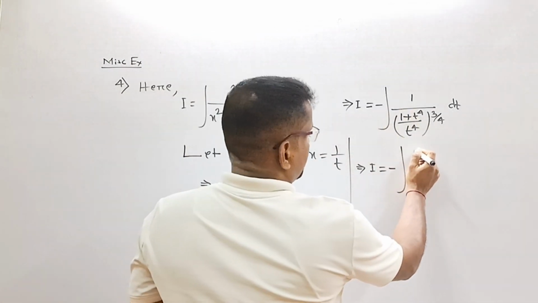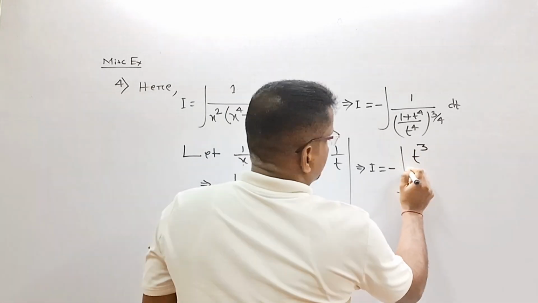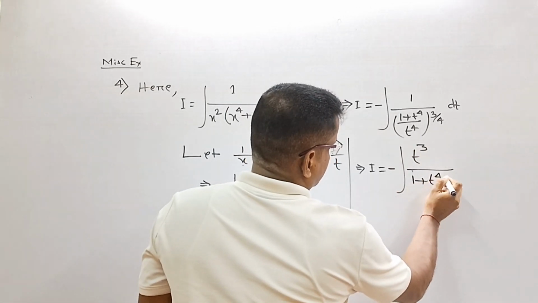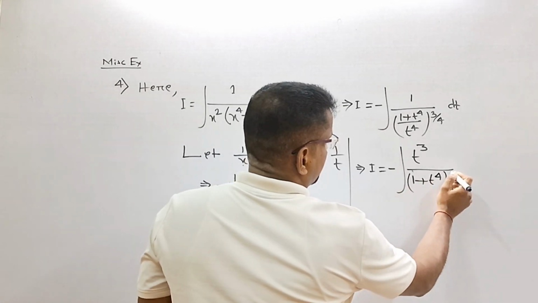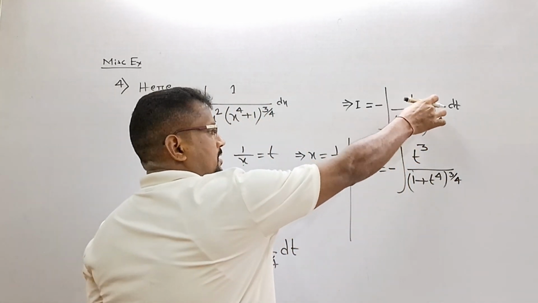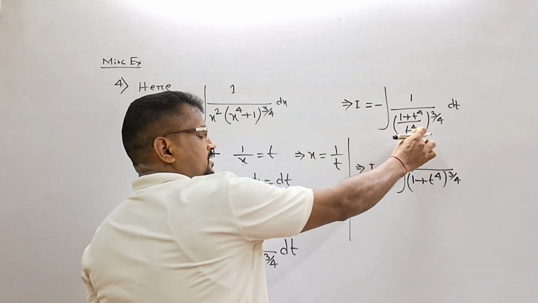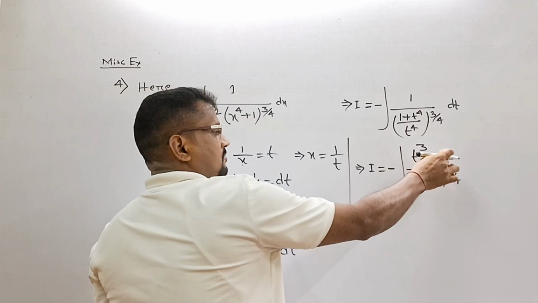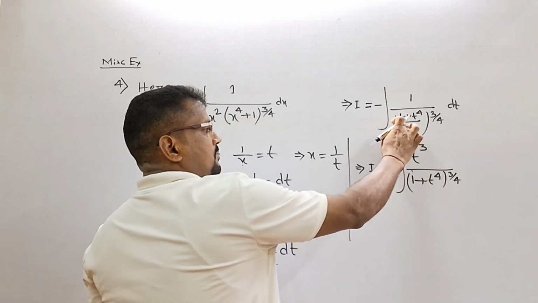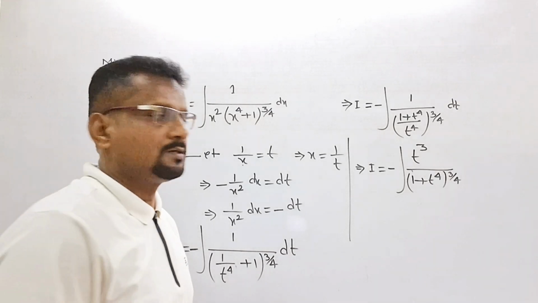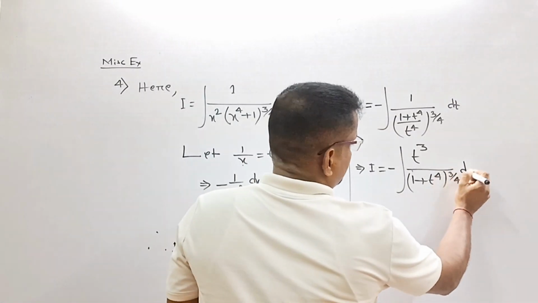So that will come in the numerator, t cube divided by 1 plus t to the power 4 whole to the power 3 by 4, as it is. Take the exponent in the numerator as well as the denominator: t to the power 4 whole to the power 3 by 4 will be t cube, it will come in the numerator. 1 plus t to the power 4 whole to the power 3 by 4 as it is, with respect to t.